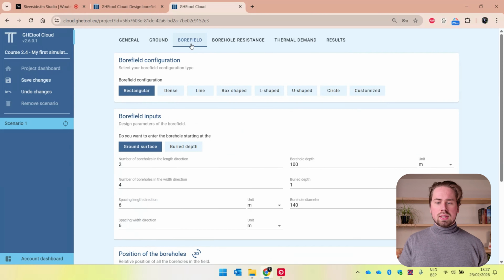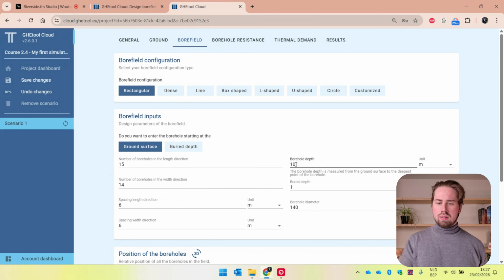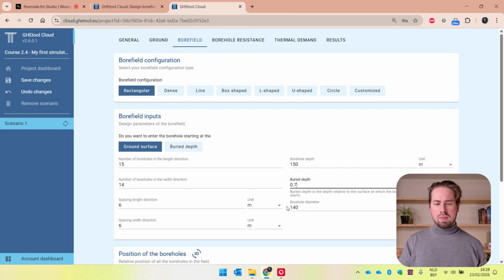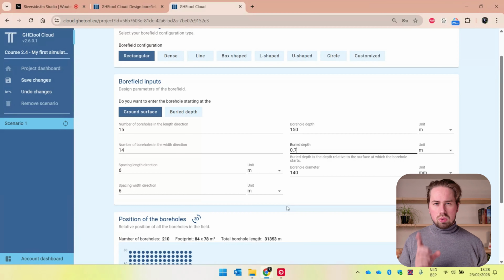For the borefield, it was using 15 by 14 boreholes of 150 meters borehole depth with a buried depth of 0.7 meters. Now, I just want to say a couple of things about terminology here. GHEtool has this concept of the buried depth, which is basically the depth at which your horizontal connections are installed.